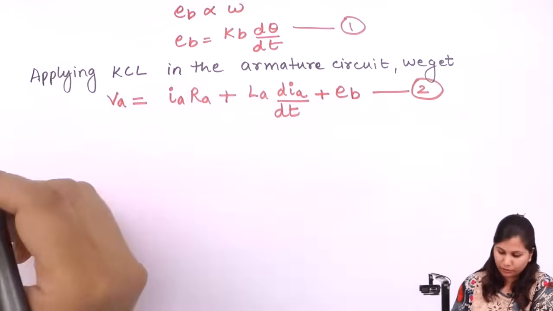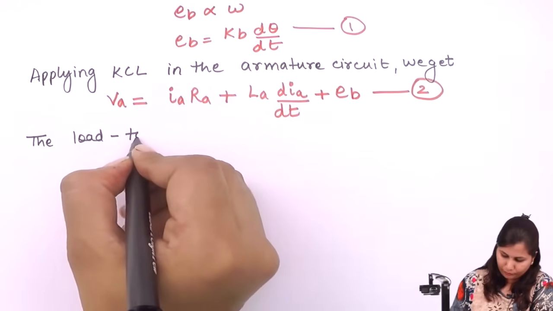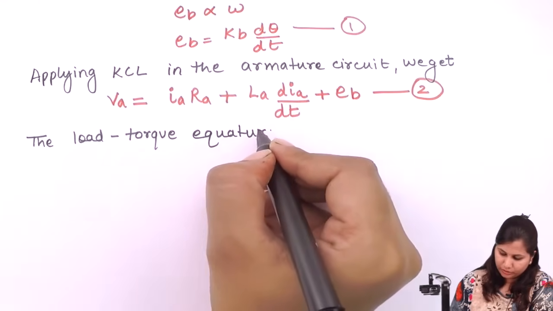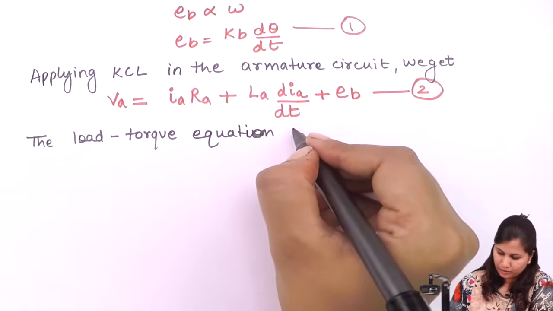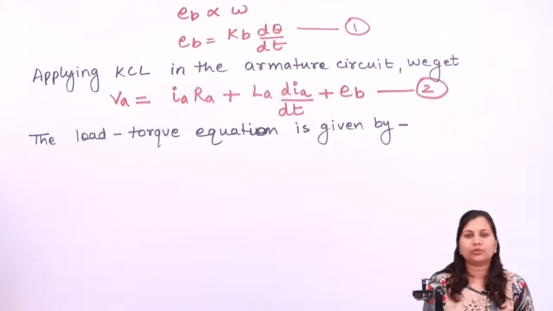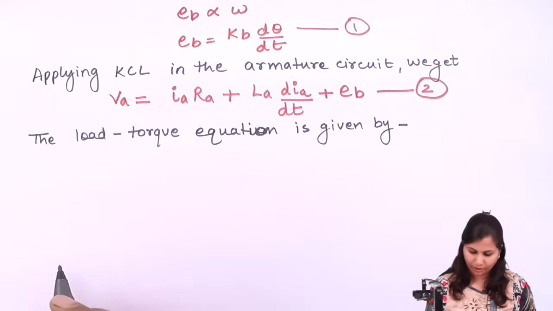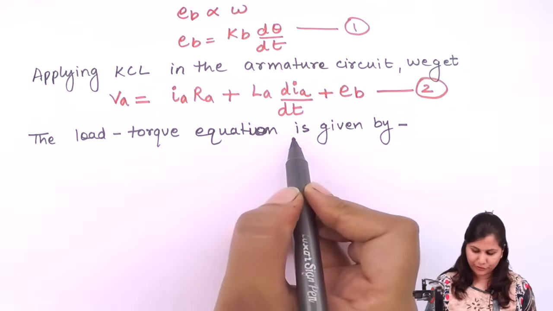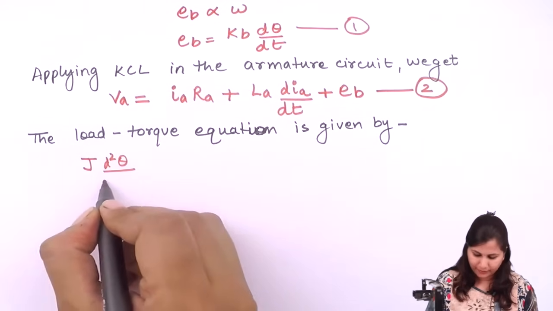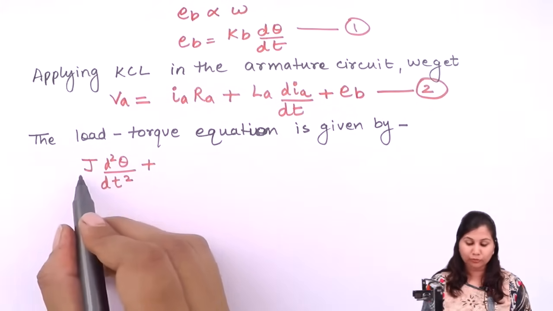Now the load torque equation of the motor is given by J d2 theta by dt square plus, it is the force due to the moment of inertia.